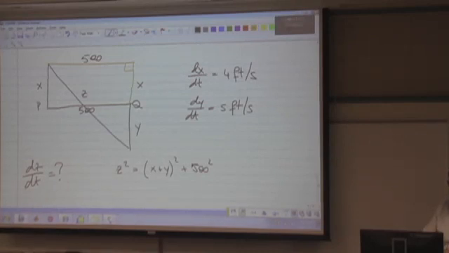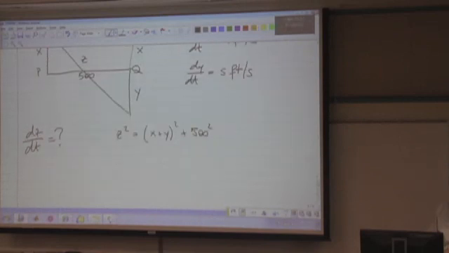Yeah? So now what is x and what is y? Because obviously take derivatives both sides, hopefully you know how to do that. The bigger question I think would be what x is and what y is.